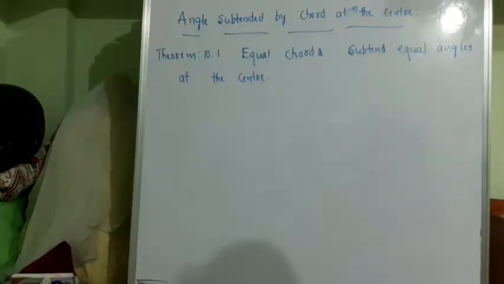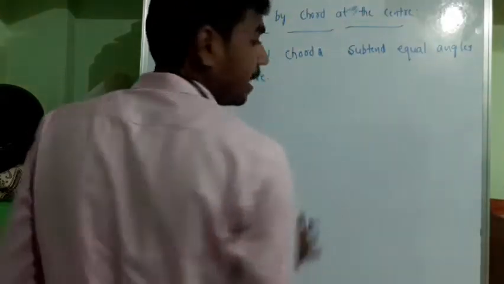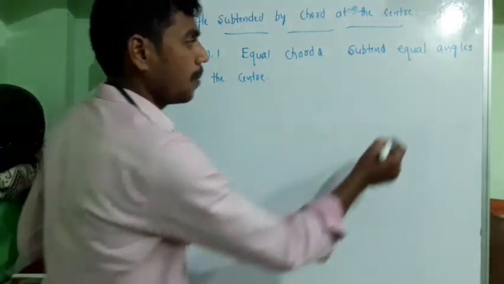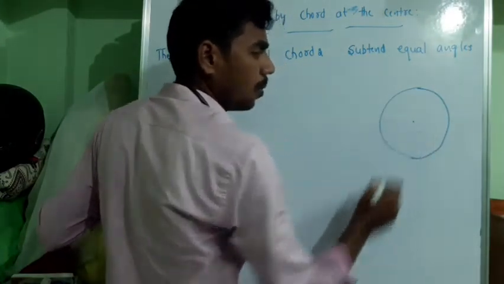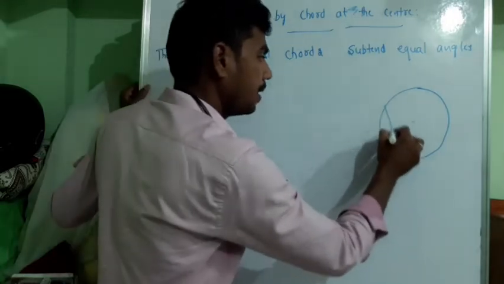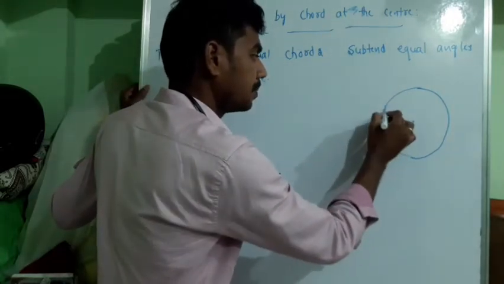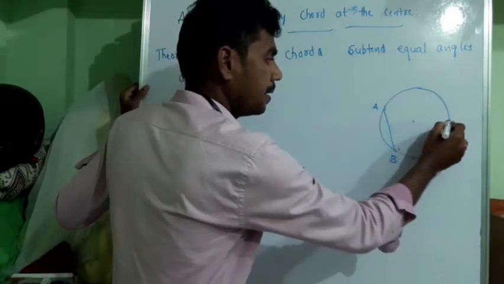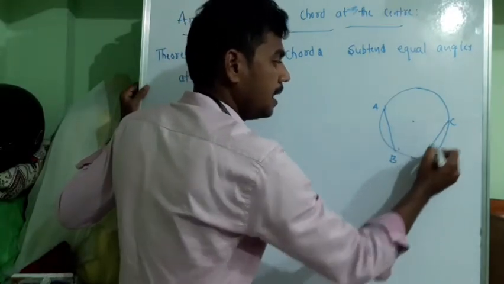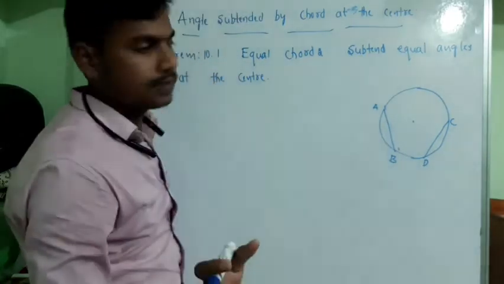Theorem number 10.1. What does it state? Equal chords subtend equal angles at the center. Suppose this is a circle. Let O be the center, and AB and CD are the two chords which are equal.